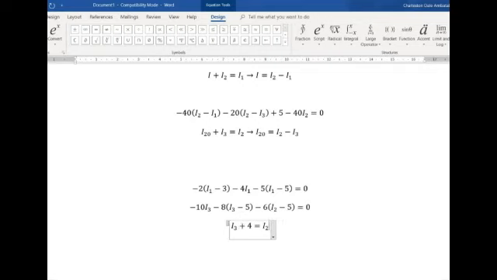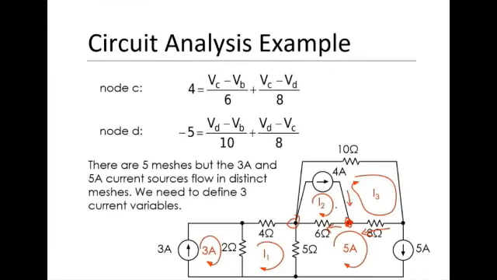Your third equation is defined by the current source. The difference between the mesh current here and the mesh current here is actually 4 amperes. To make it easier, you can just think of I2 as the current with the same direction as the 4 amperes, and when I3 passes the 4 amperes, it has a different direction.